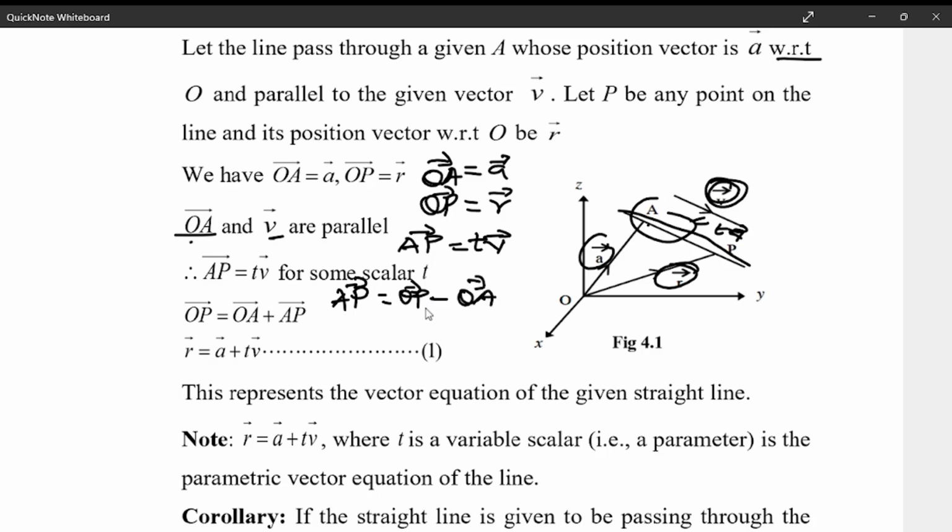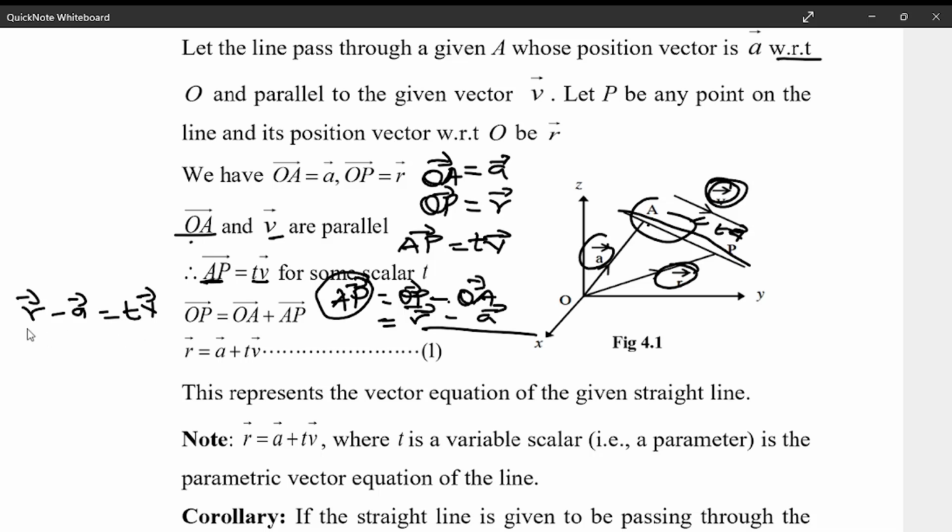From the diagram, OP is vector R, and OA is vector A. In place of AP, we can put this expression over here. So we will have R minus A equals a certain scalar times the vector V, that is R minus A equals CV.